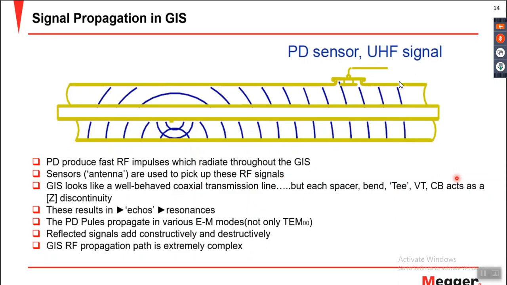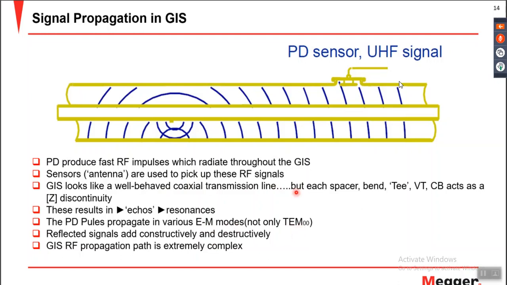Now when we talk about GIS, the GIS is as good as a coaxial cable. The design of the GIS is such that when you have UHF antennas pre-fitted in the GIS, or any external UHF antenna, the signals can be transmitted in the GIS in different EM modes, not only TEM but also TE and TM modes.